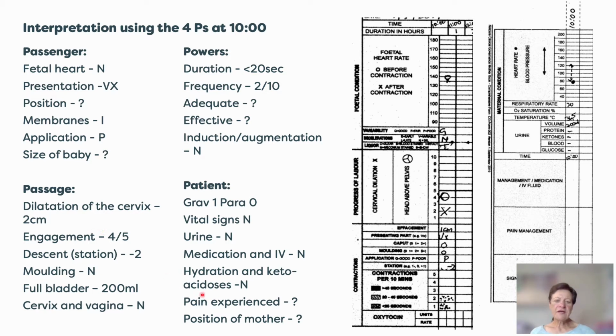We need to give her lots of health education, because it's still early in labor, on how to deal with the pain. We can teach her some non-pharmacological pain methods to deal with the pain, and we need to give her nutritious foods and fluids to keep her well hydrated and to prevent ketoacidosis from forming.